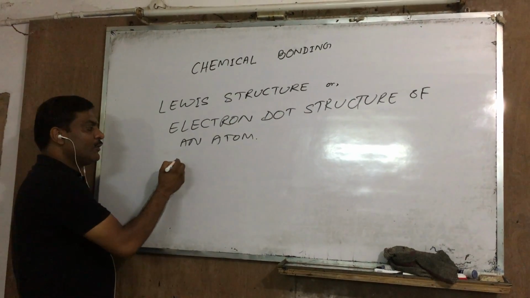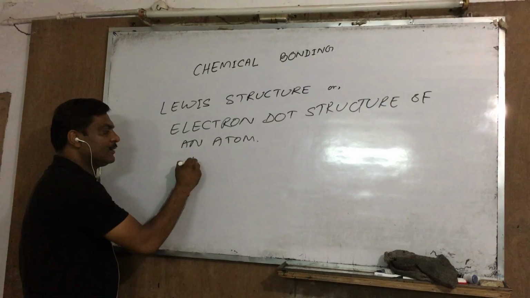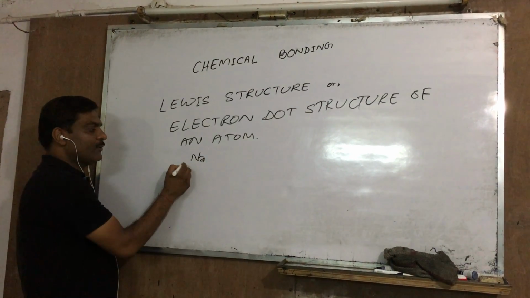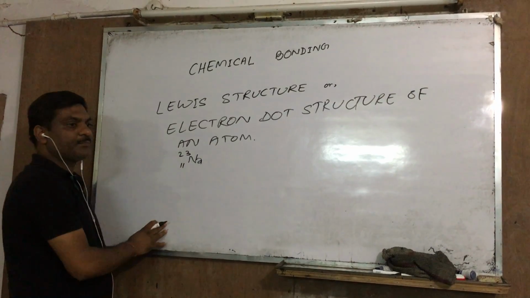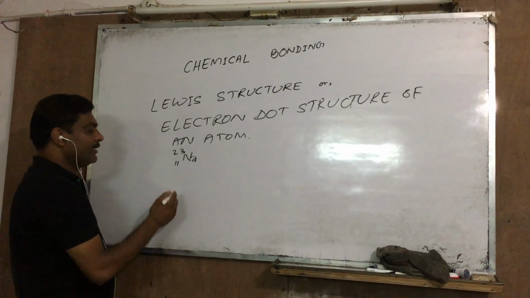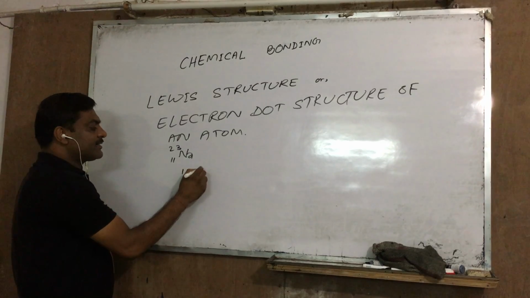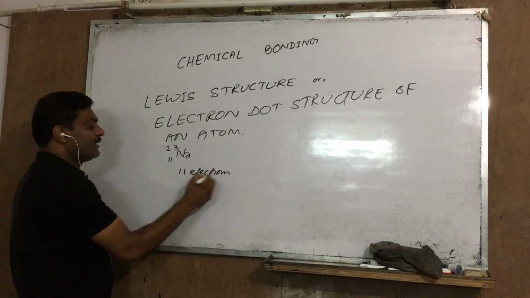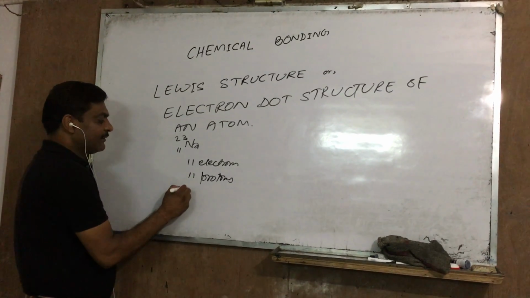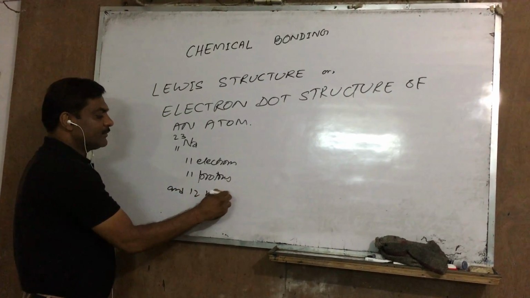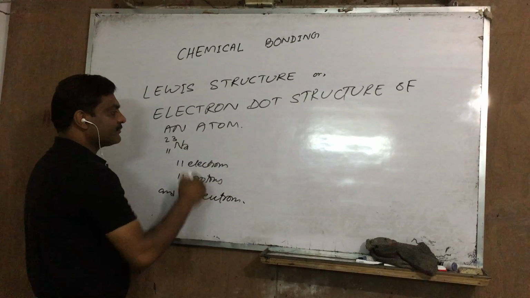Suppose we are talking about the sodium atom, which has atomic number 11 and mass number 23. In this atom, there are 11 electrons, 11 protons and 12 neutrons.